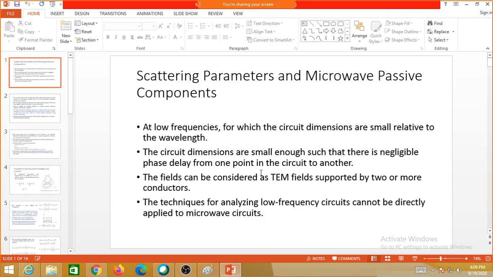In lower frequencies the circuit dimensions are small, so generally we neglect the phase delay from one point of the circuit to the other.